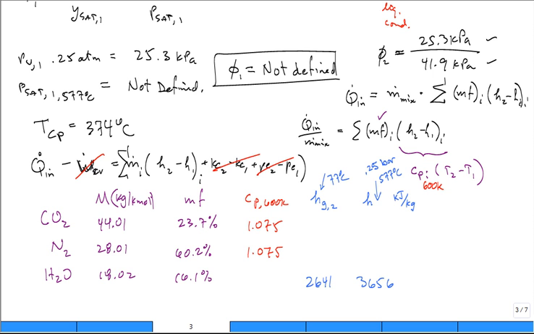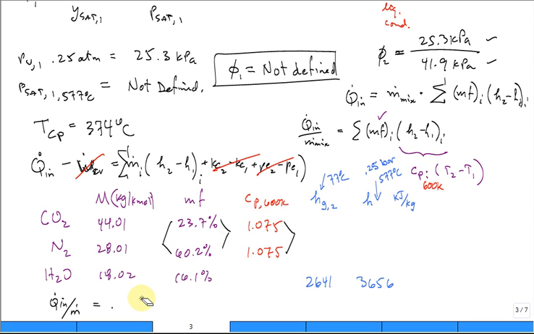So you would slug through it and put Q dot_in divided by m dot of the mixture is equal to the first mass fraction, 0.237. And you know what? Because these are the same, just add them up. True? Not the mole fractions, the mass fractions.